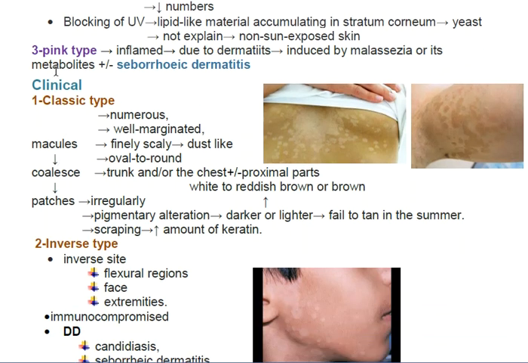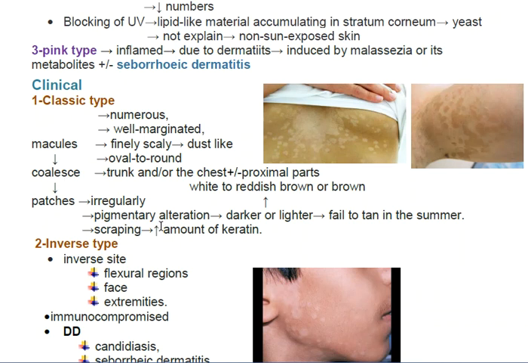Clinical types. There is a classic type, which starts as macules and coalesces into patches. Macules are many and well marginated, in contrast to pityriasis alba. Fine scales, dust-like, oval or round, are found on the trunk, chest, and proximal parts. When they become a patch, it becomes irregular.